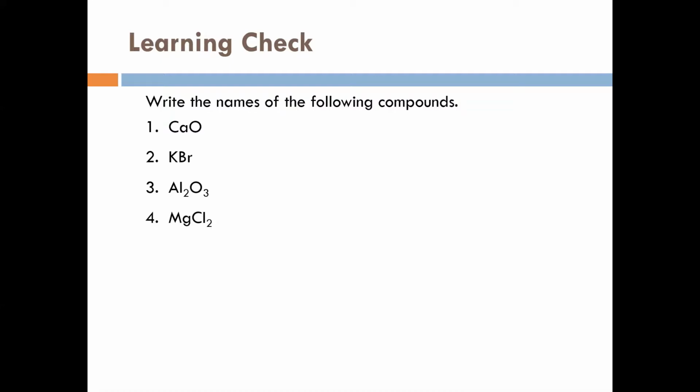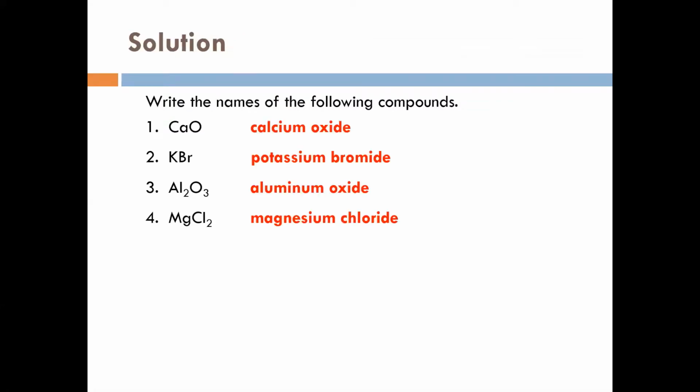Al₂O₃ becomes aluminum oxide. MgCl₂, magnesium chloride. So there are those names. I just want you to feel comfortable doing it. Remember, there's a space in between.